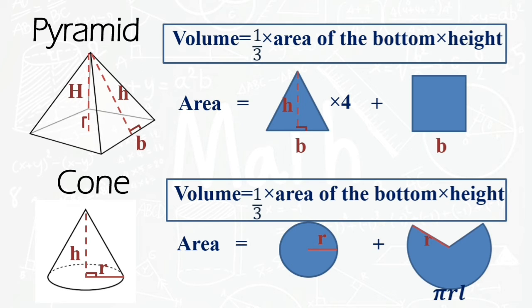You have to keep that in your mind because it will not be given to you at the exam. So pi r l gives the curved surface area. Here l means the slant height, that is this one.